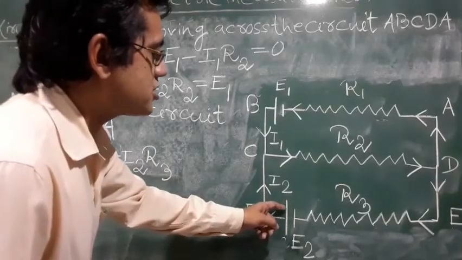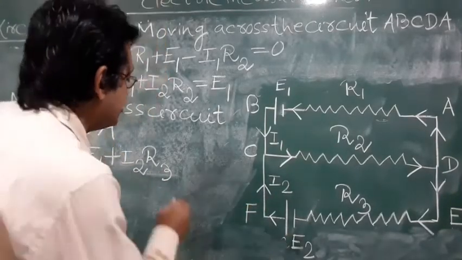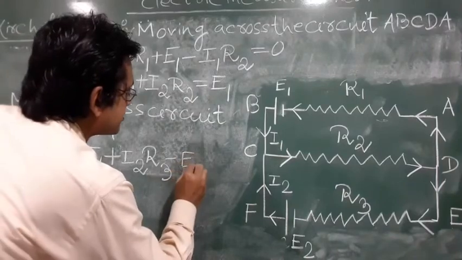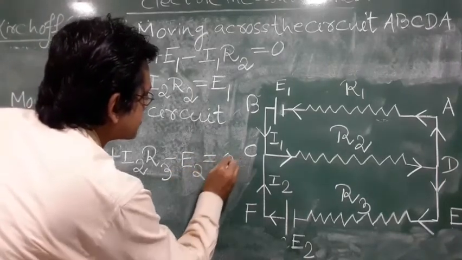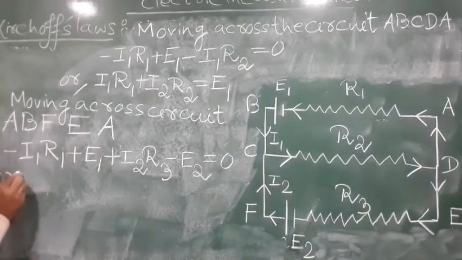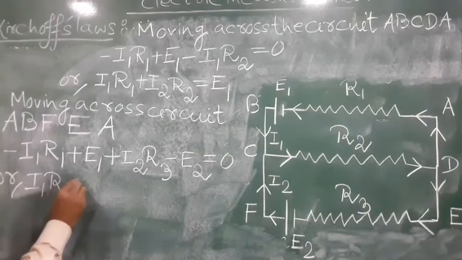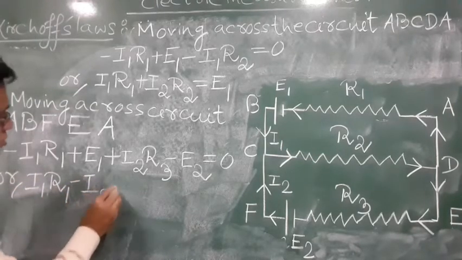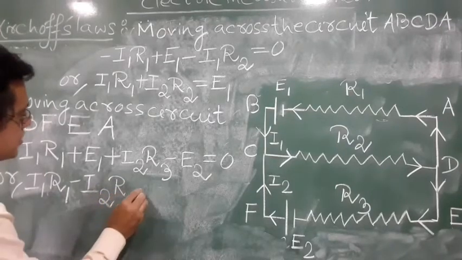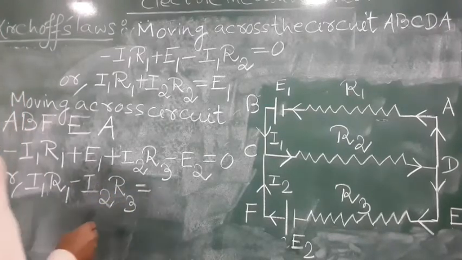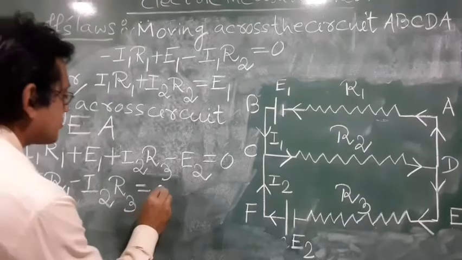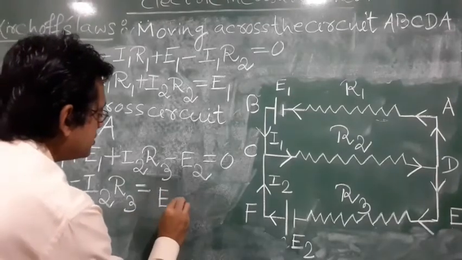I'm moving from positive to negative, so E2 will be negative. Or I1 R1 minus I2 R3 equal to E1 minus E2.